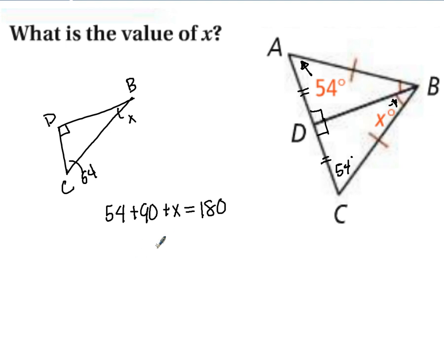So 54 plus 90 is going to give me 144 plus x is equal to 180 degrees. I want x all by itself, so I'm going to subtract 144 from both sides. 144 minus 144 cancels out and gives me 0, so I'm left with x. On the right side, I have 180 minus 144.